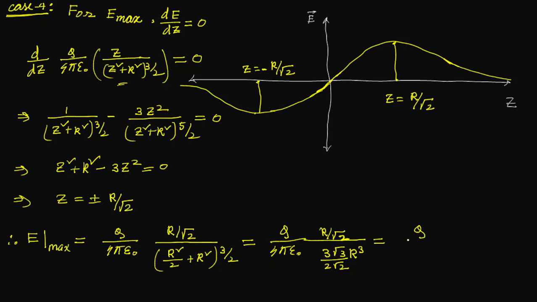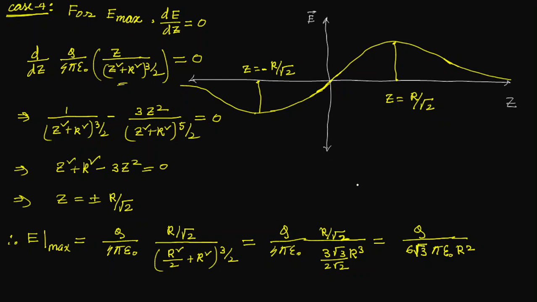So finally we get Q, the 2 will cancel out, so 6 root 3 pi epsilon naught R square. So this will be the maximum electric field.